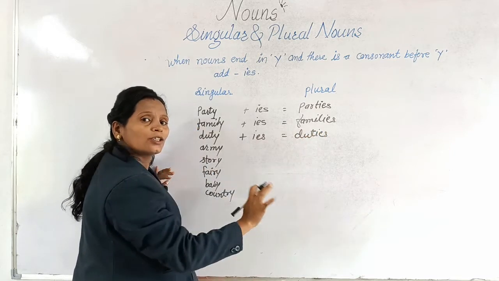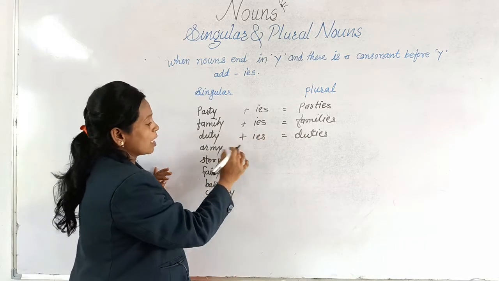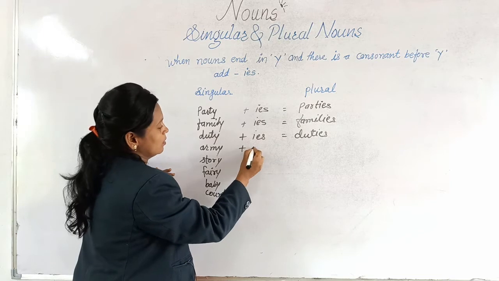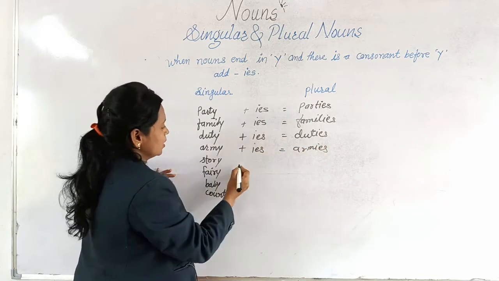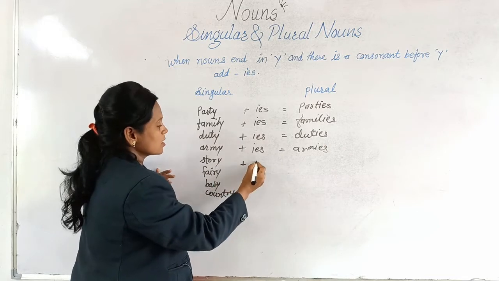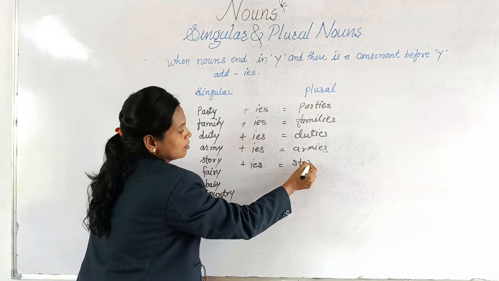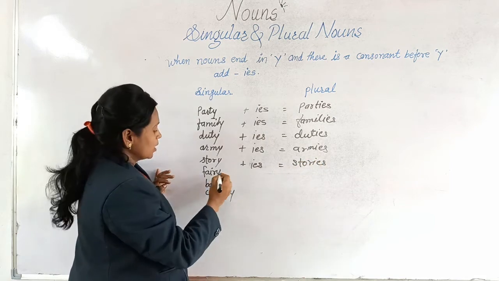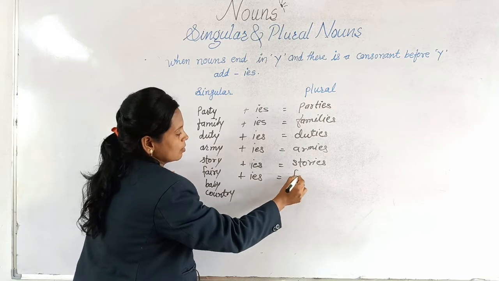It means you have to drop the letter y and add ies to the noun. Army plus ies, armies. Then story plus ies, stories. Then fairy plus ies, fairies.